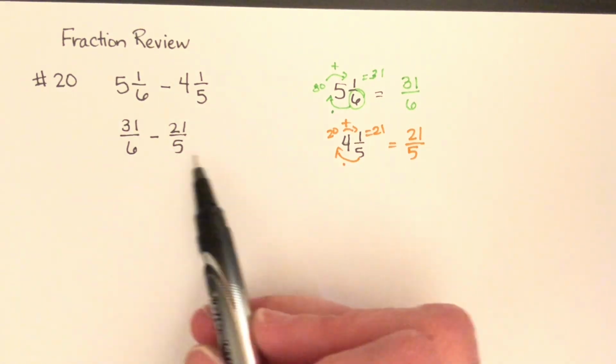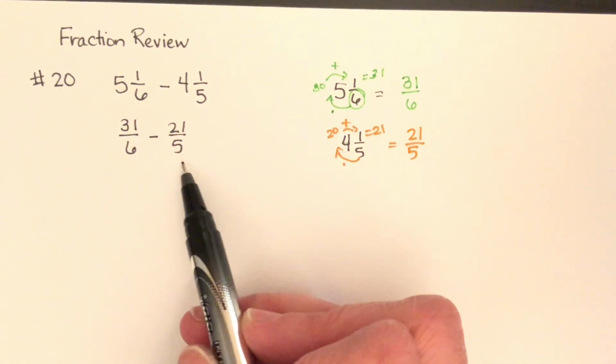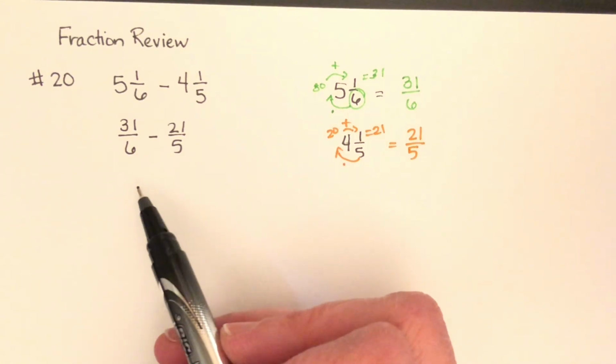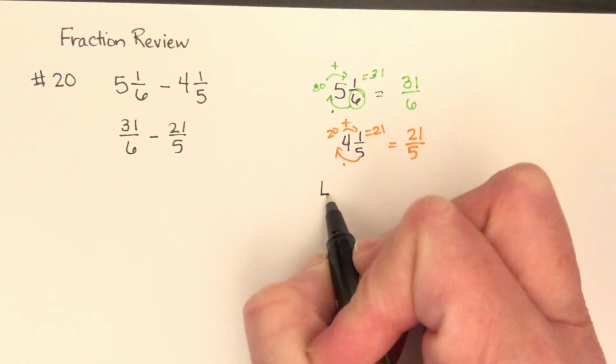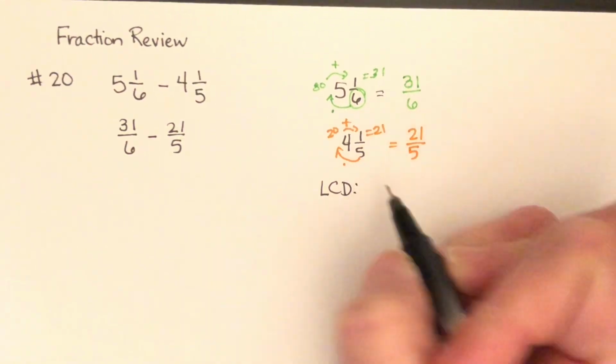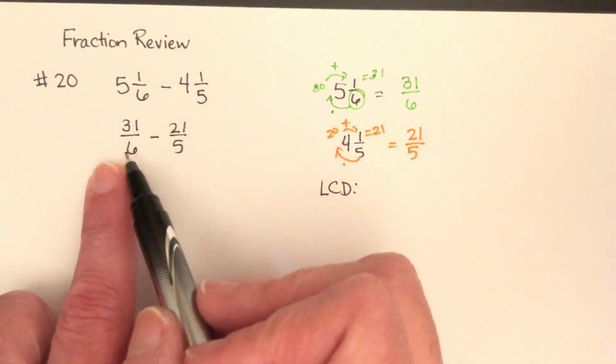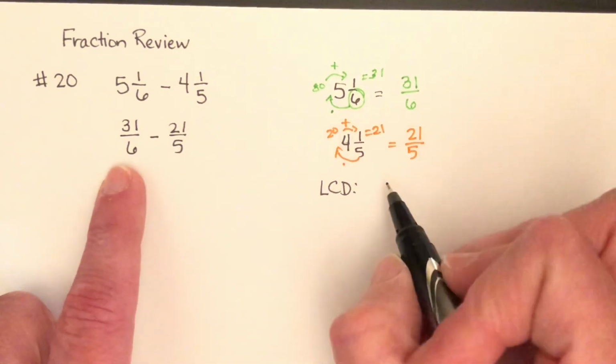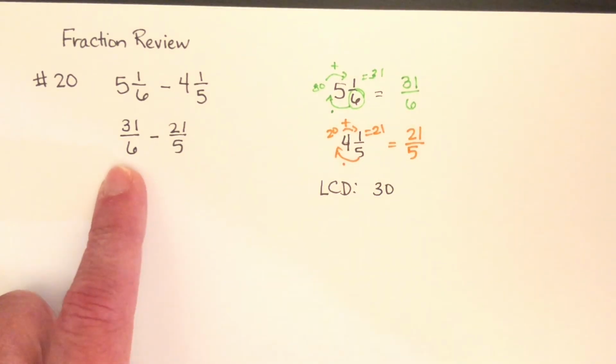Now, since this is a subtraction problem, that means we need to find a common denominator. So I need to find my LCD. And remember that the easiest way to do this is to start off, well, this one you might just see, okay, 6 times 5 is 30, and 30 is going to be my LCD.